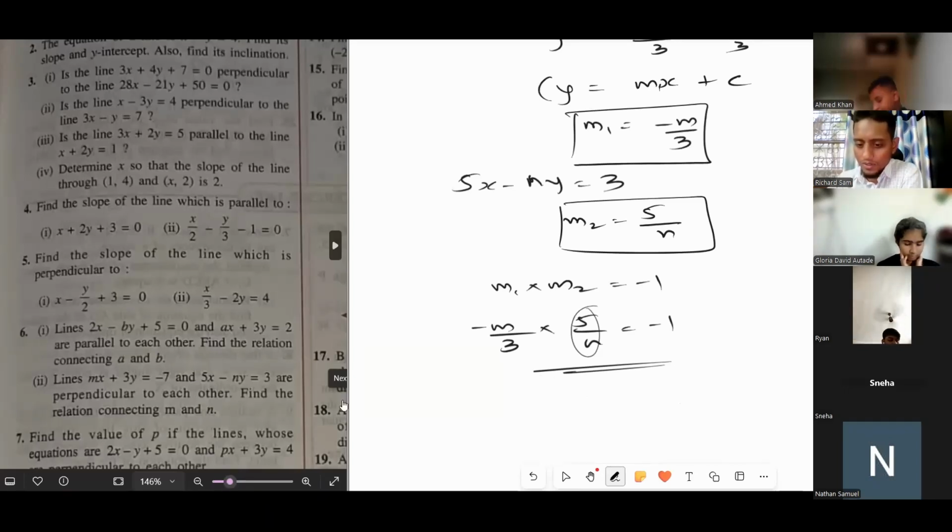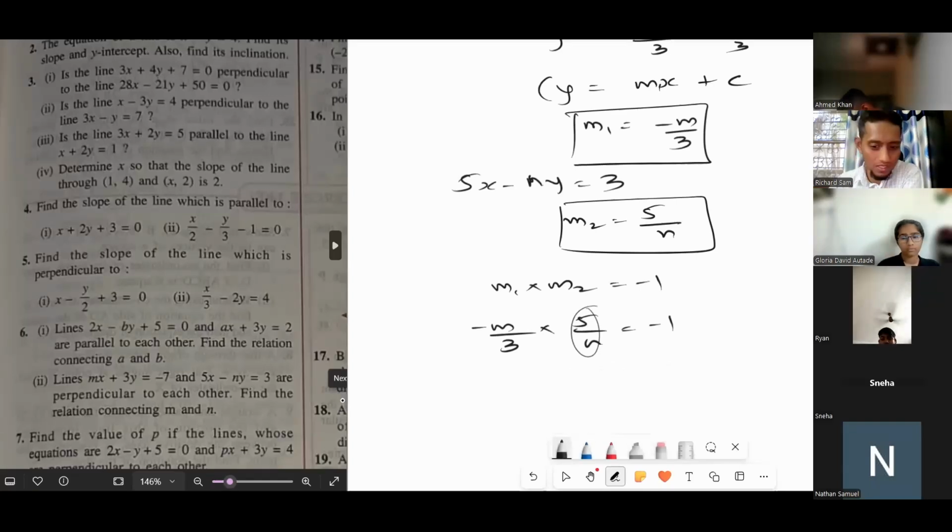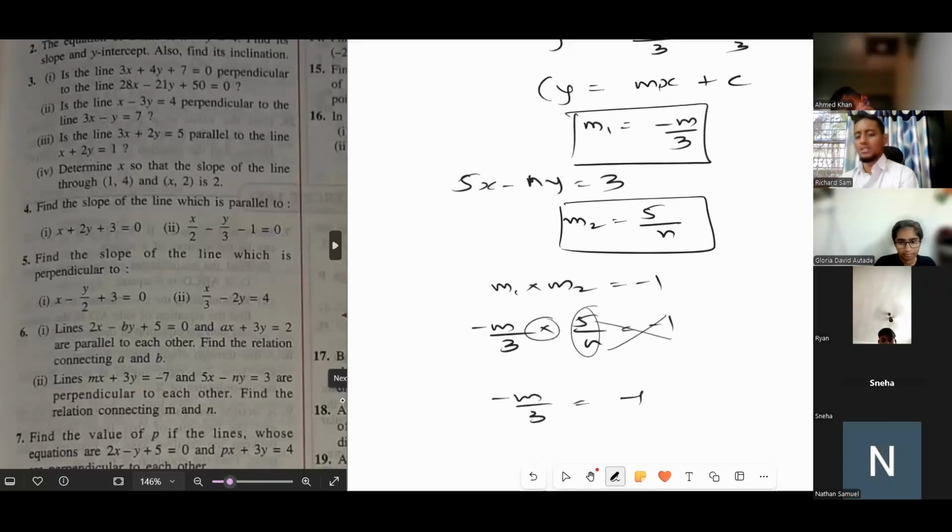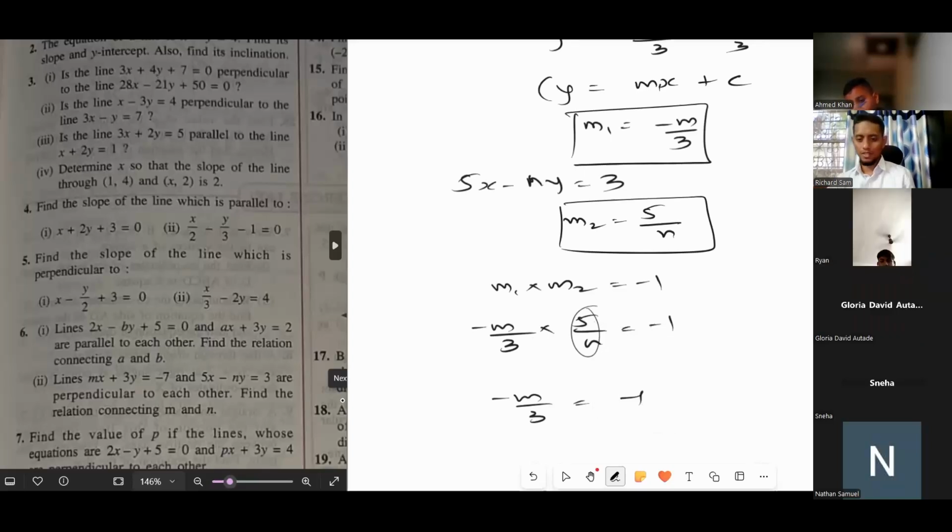So what we're going to do is we'll take n terms on that side, m terms on this side. So minus m upon 3 is equal to minus 1, and this 5 will go down, n will go up because it's multiplied with this. So that's what happens on the other side. So that's into n upon 5.